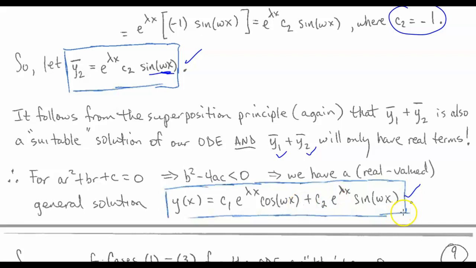And this is what we need. So this is a solution out of many solutions for that case 3 form of our second order linear homogeneous equation, but it's the one that works for us as far as being able to model real valued things.